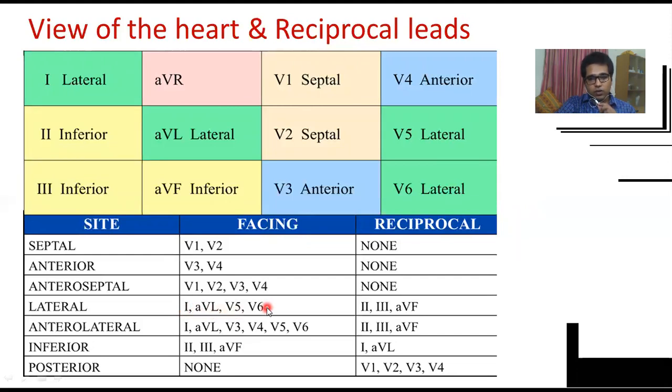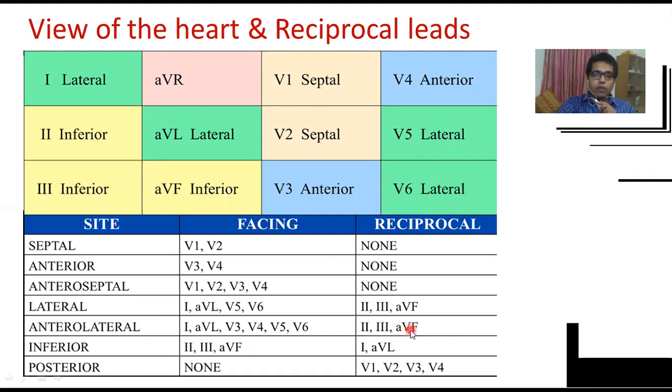The reciprocal leads of the lateral surface are the inferior surface leads, that is lead 2, lead 3 and AVF. Once again, for the anterolateral surface leads, lead 1, AVL and V3 to V6, their reciprocal leads are also lead 2, lead 3 and AVF.